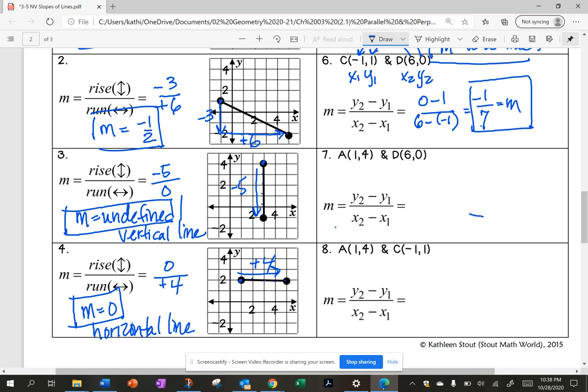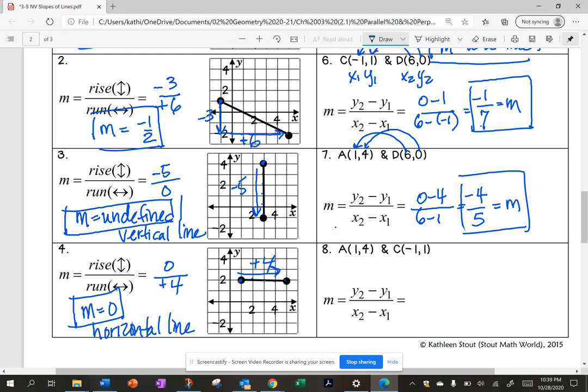All right, so I'm going to use 0 minus 4 and 6 minus 1. I get negative 4 divided by 5 is my slope.